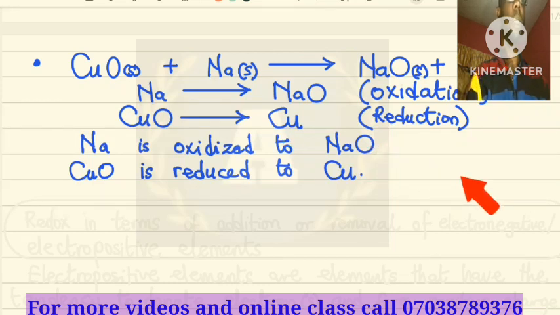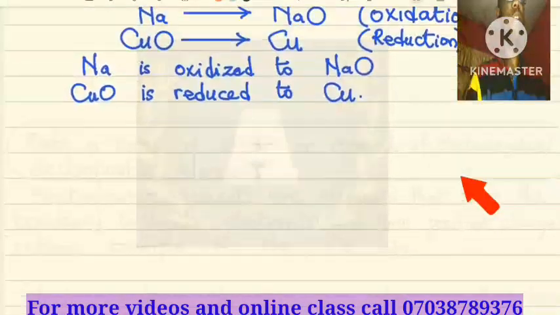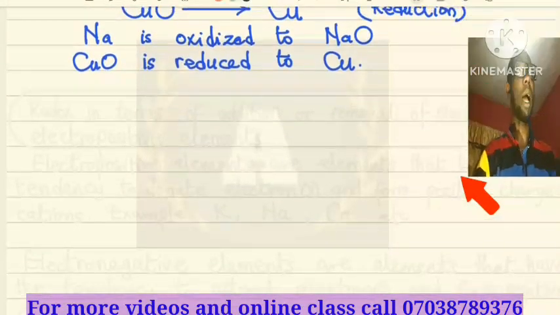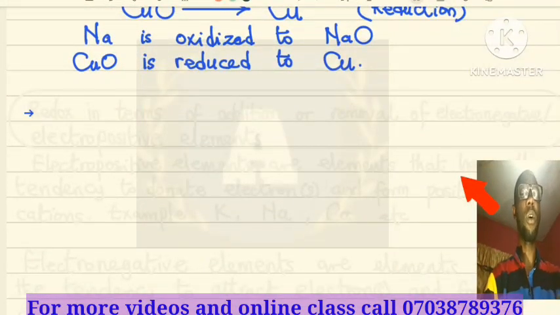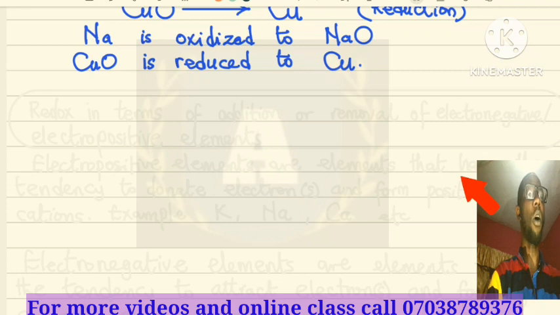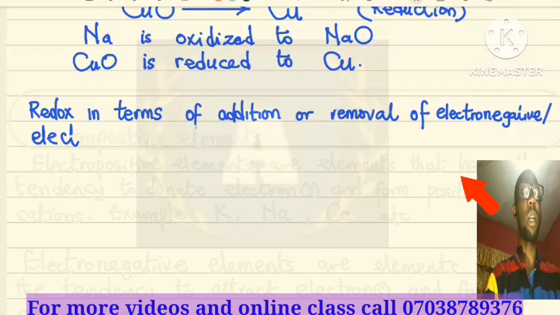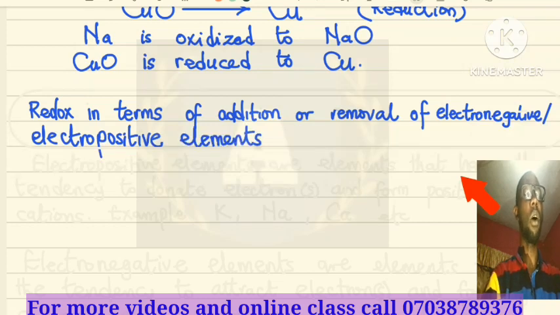of oxygen and hydrogen. Now, another definition of reduction and oxidation is in terms of addition or removal of electronegative or electropositive elements.